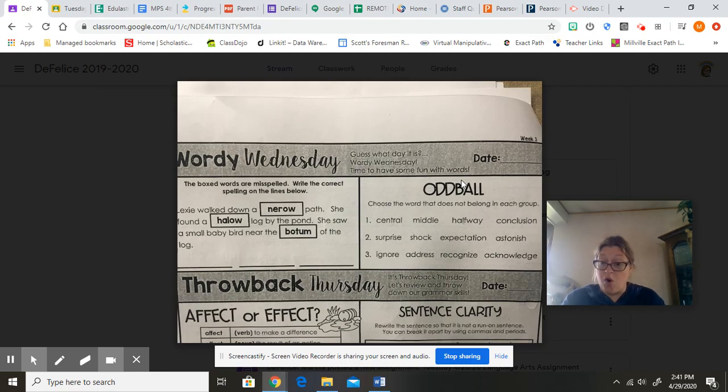Halfway means that you are in the middle or in the center of something. You are halfway from the start, but you're halfway from the end. And then conclusion. Conclusion means an end, right? So if you look at those four words, the one that is the oddball, that has nothing to do with the center or the middle or the halfway point, would be conclusion. So that's the one that you should have circled.